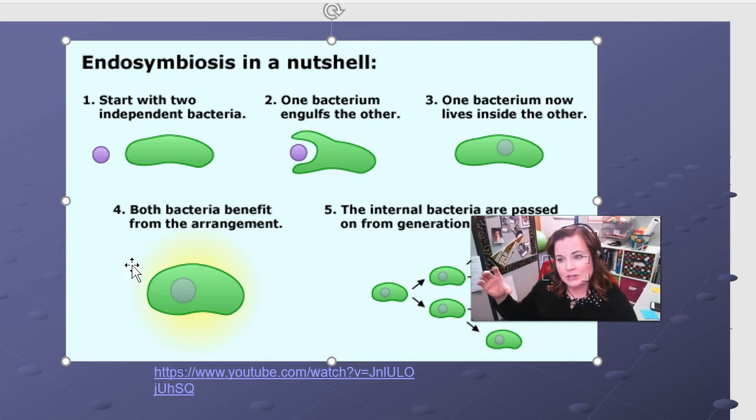If one bacteria actually engulfed the other one and took it inside of it, then they lived in this mutualistic relationship. The bacteria that did photosynthesis could provide food. The aerobic bacteria could use oxygen to break down the food, and both would benefit.